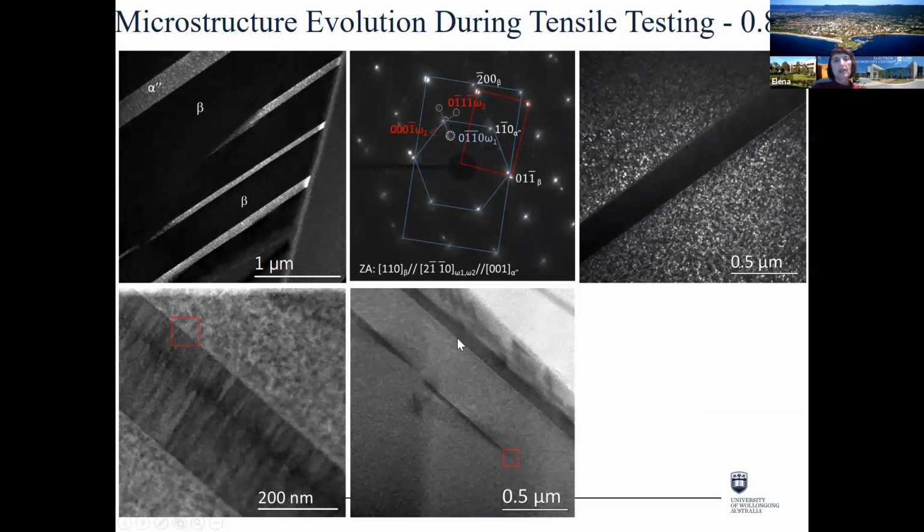This is a small plate of martensite just forming, and this nice tip is propagating in the beta matrix. Also here we see a lot of small dots in the beta matrix, where thermal omega phase is present, and no thermal omega phase in the martensite due to the shear mechanism of its formation.